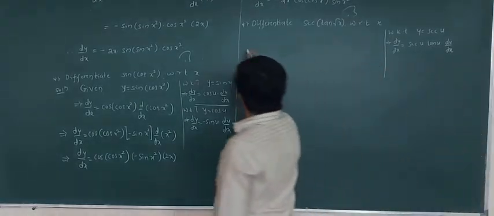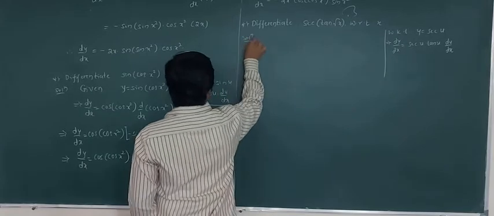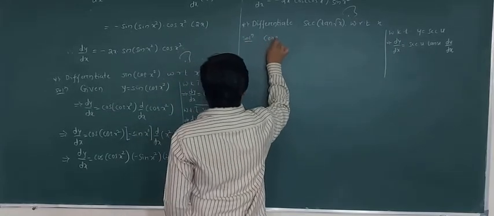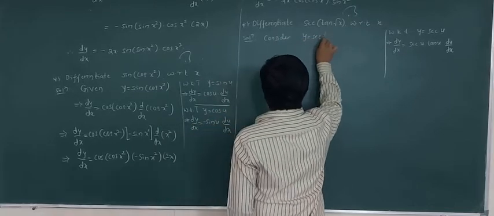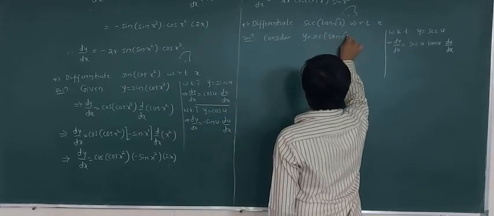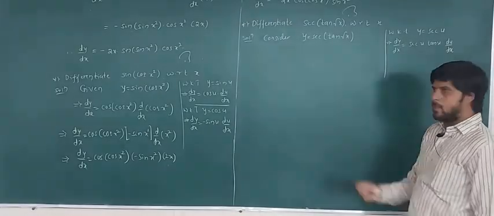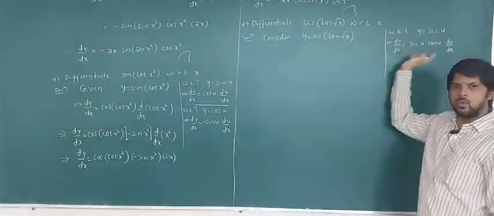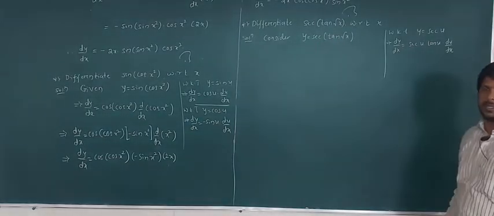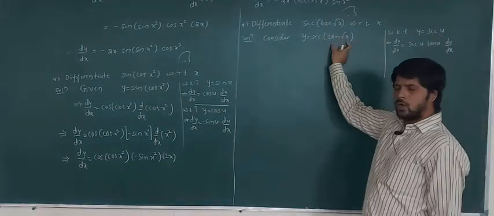Here given function is, consider y is equal to sec of tan root x. Comparing these two, y equal to sec u and y equal to sec of tan root x. In place of u we have tan root x.